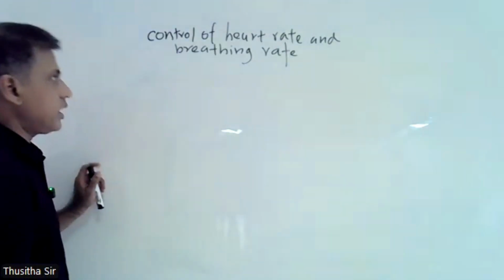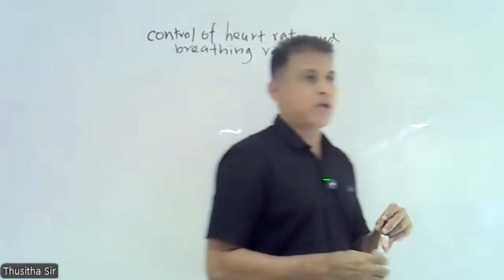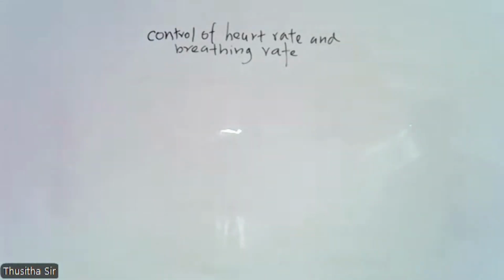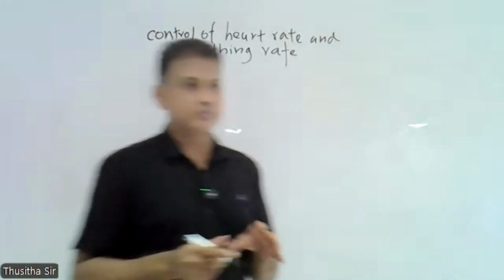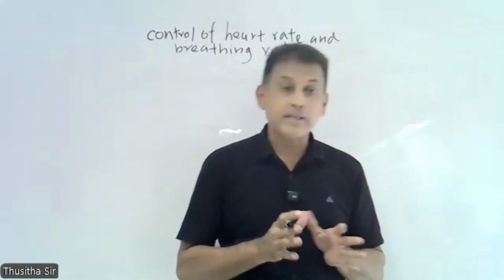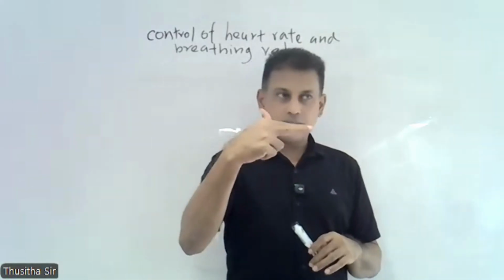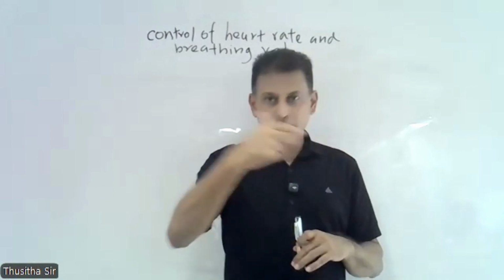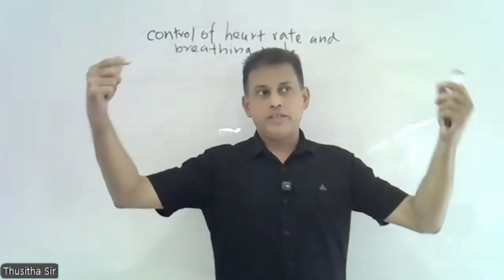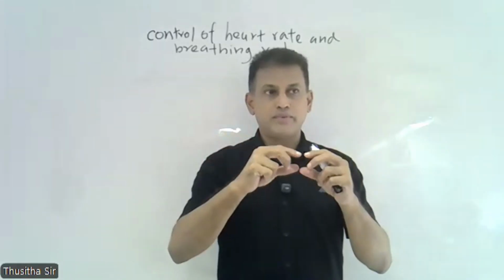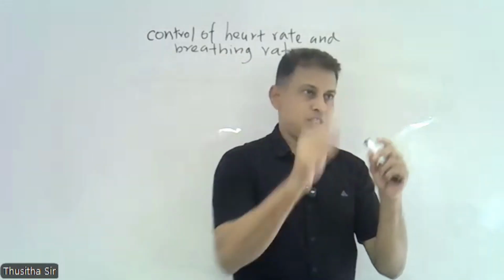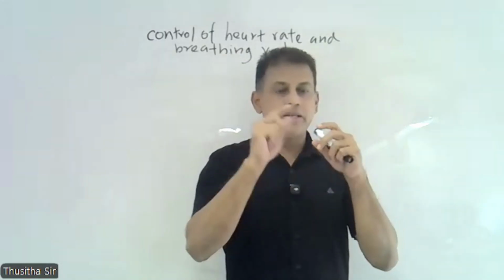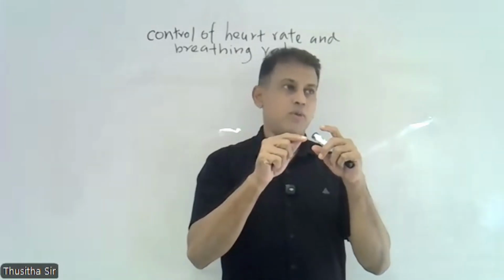What is important to know about these two words: heart muscles are myogenic. So what's the meaning of myogenic? I will explain like this. If you take an animal, a rat, and cut the heart out and attach it to a system that can bring fluid in and take fluid out, the heart beats outside of the body.